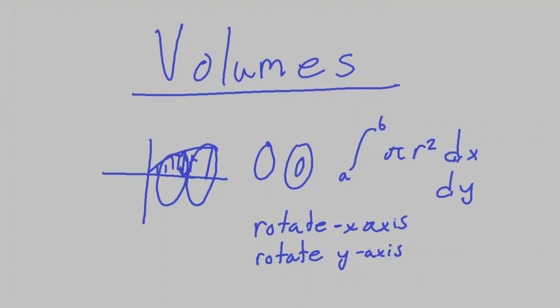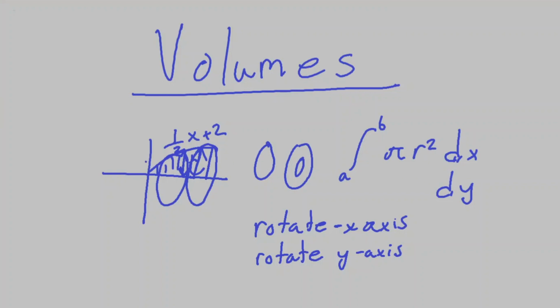So the height between the graph and the x-axis is going to be our radius at any given time, which is going to be given by the equation of the graph, which in this case could be, let's say, 1/2 x plus 2. That would be our radius at any given time, which we would plug into this integration formula, a to b of pi r squared dx or dy.